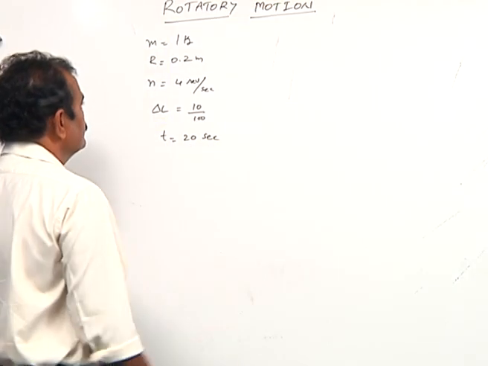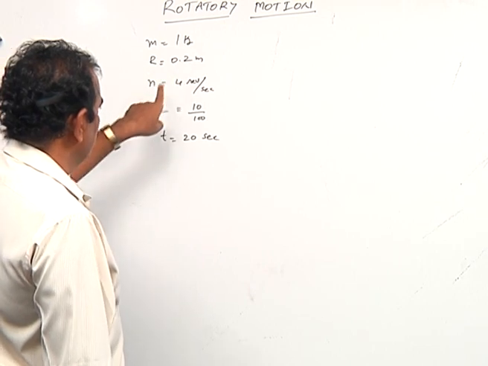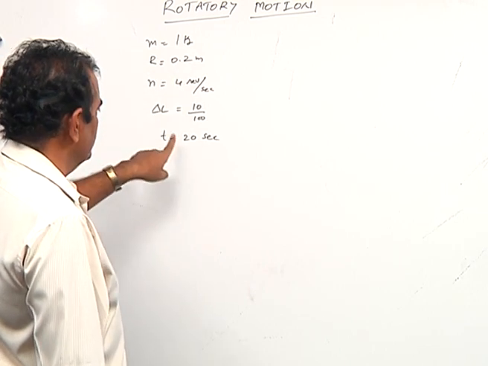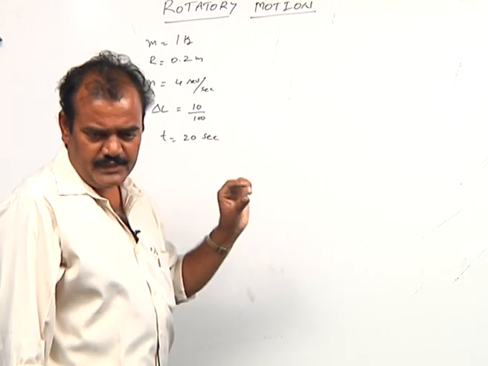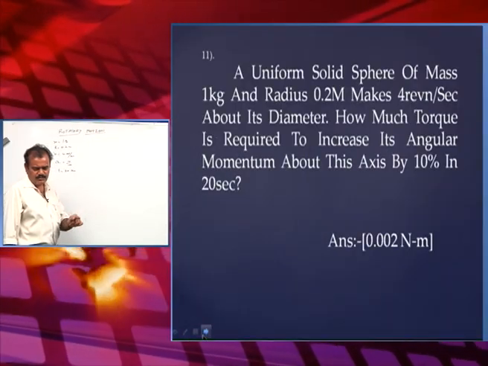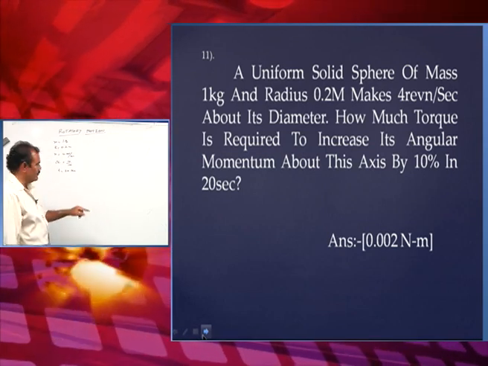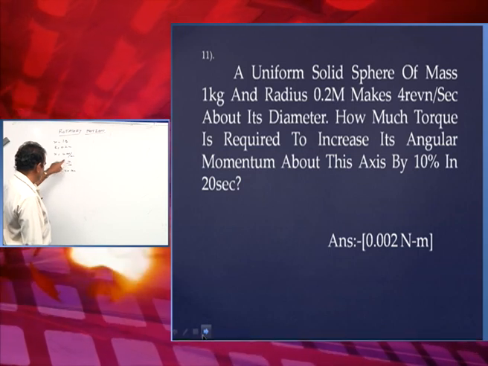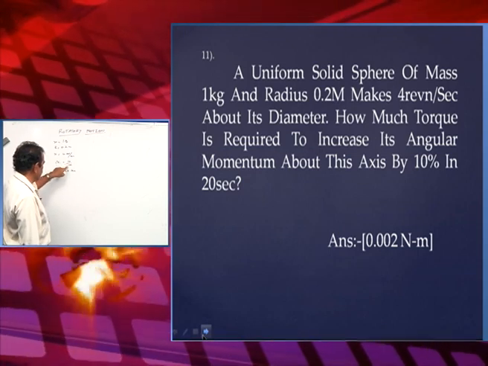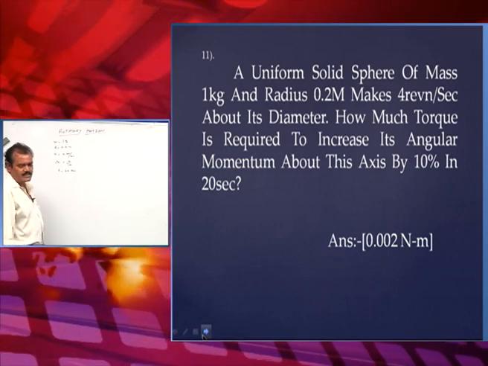The mass is 1 kg, the radius is 0.2 meters, and the frequency is 4 revolutions per second. The percentage increase in angular momentum is 10%, and t is equal to 20 seconds. How much torque is required?